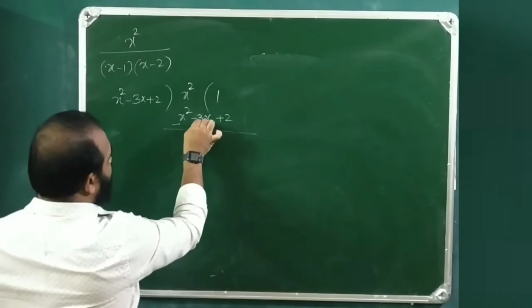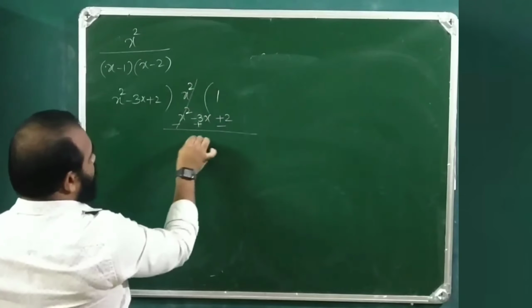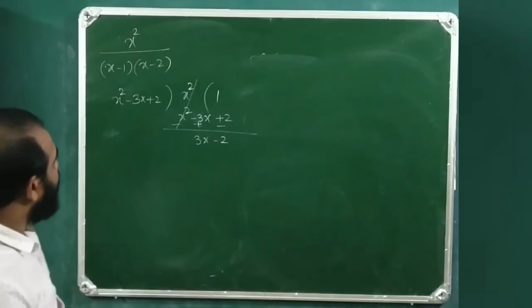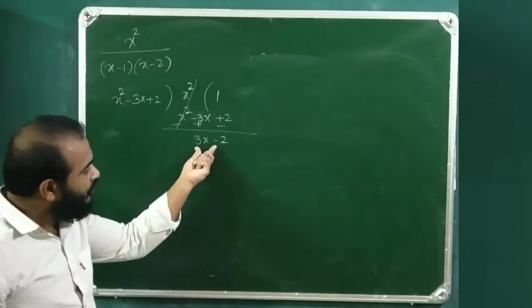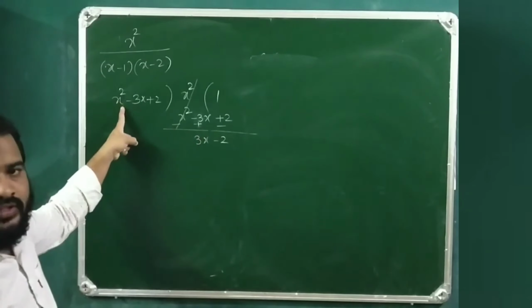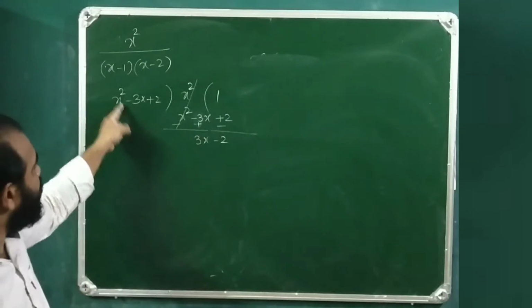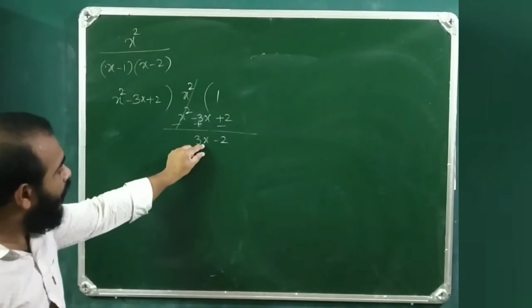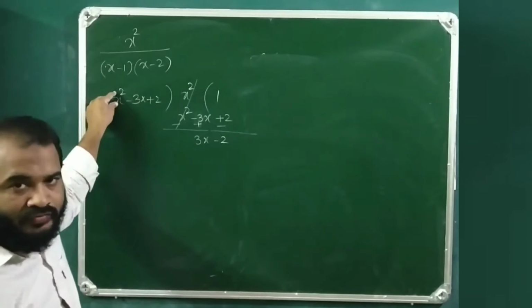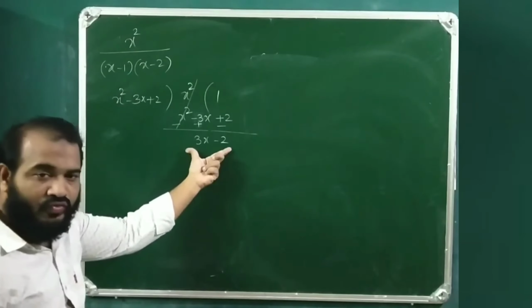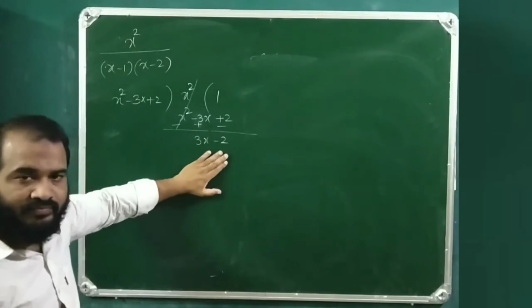So minus plus minus, so 3x minus 2. Here the degree of the remainder is 1 and the degree of the divisor is 2. Therefore the degree of r of x is less than the degree of g of x, so the division process ends here.